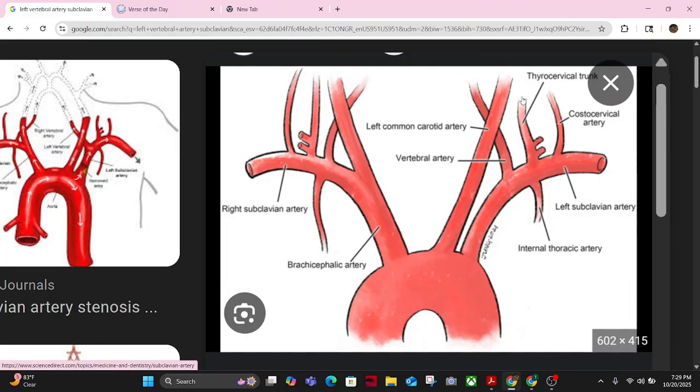So here you see the vertebral artery right here. Then you see the left subclavian artery here. So there's a block in the left subclavian artery, and because there's a block, the blood will not go forward, it will go backward into the vertebral artery.